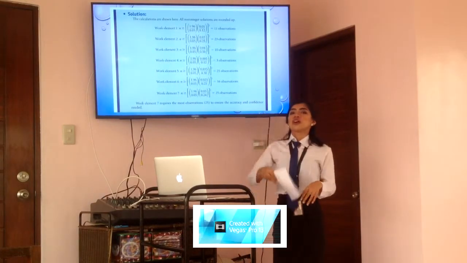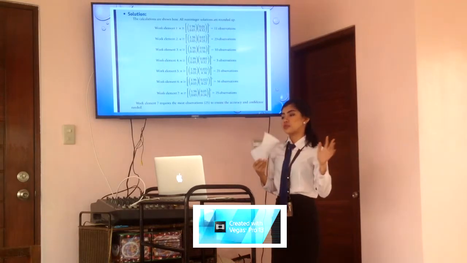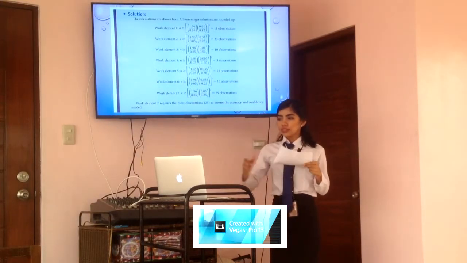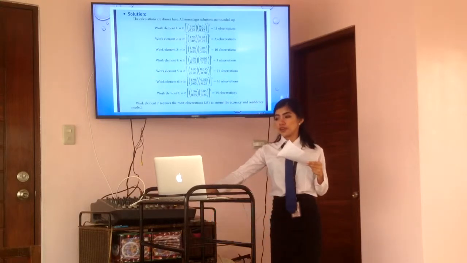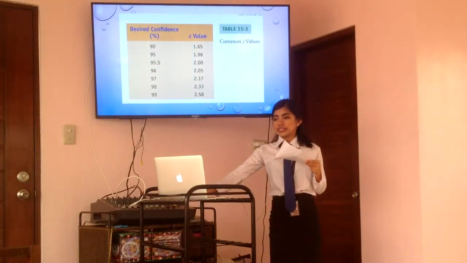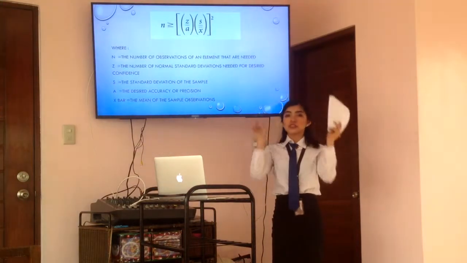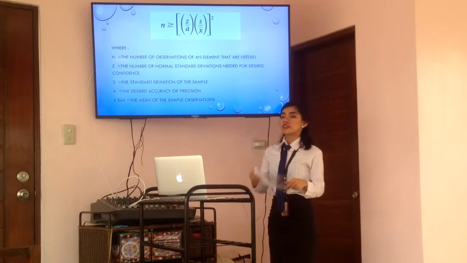So, applying the formula from before, which is N is equal to Z over A times the quantity of S over X bar, in parentheses, raised to 2.